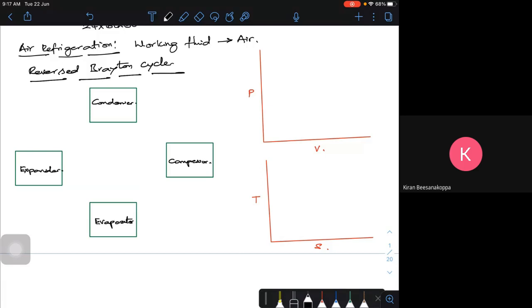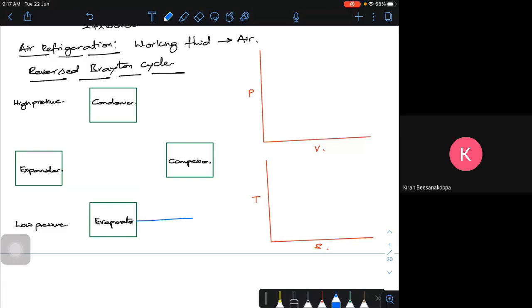So the devices on top are at high pressure, and the devices at the bottom are at low pressure. Now let's try to connect it. What will happen? In the evaporator, I am going to absorb the heat.